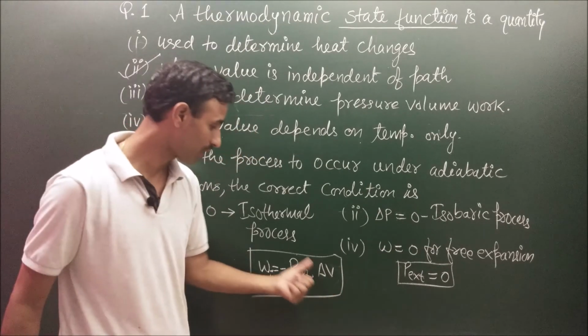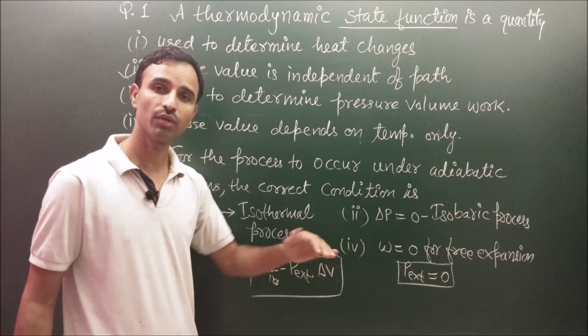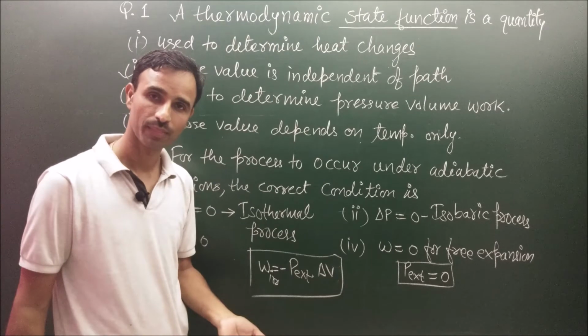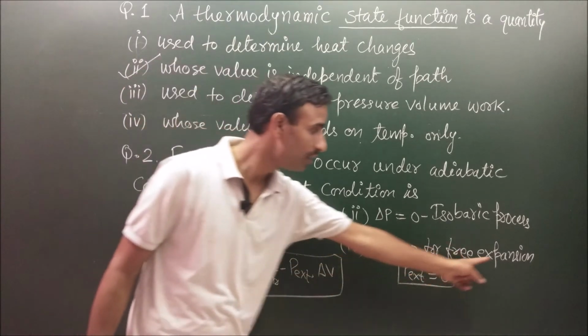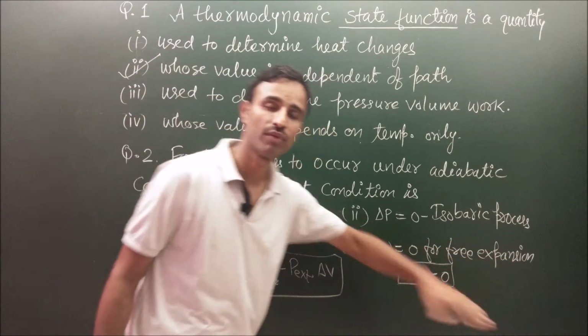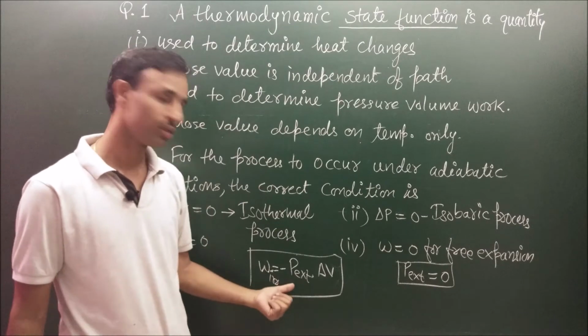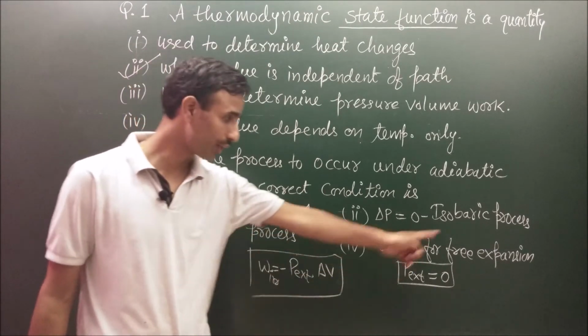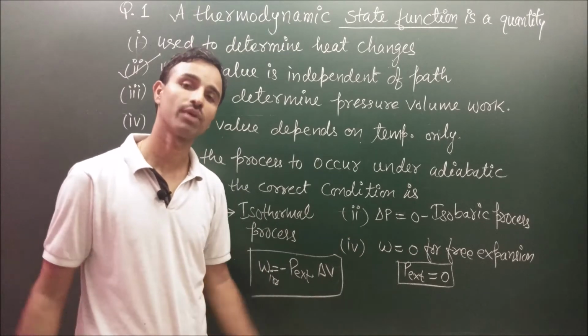So if external pressure is 0, that means if we expand a gas against vacuum, that is called free expansion, when external pressure is 0. So work done is 0 for free expansion of any gas.